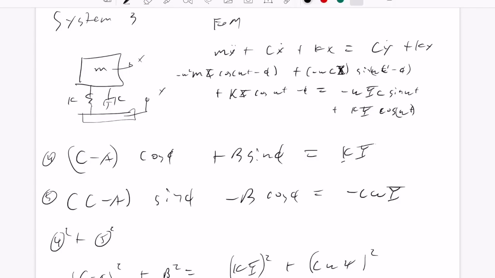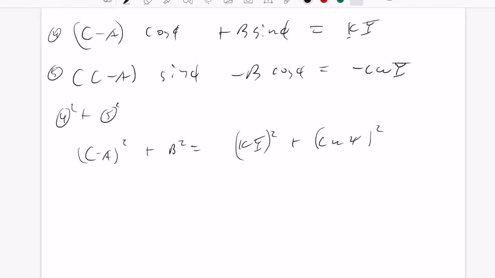Just remember how to do that intermediate step, because that becomes important later on when we do a more complicated example. Okay.